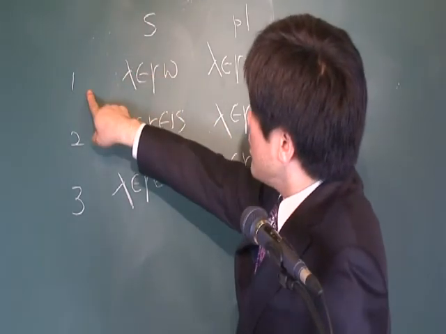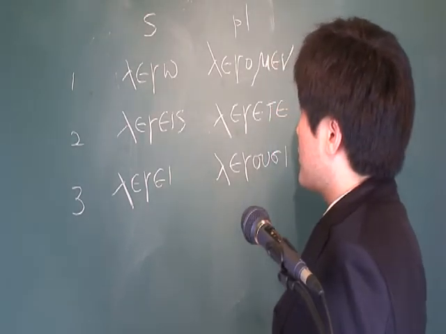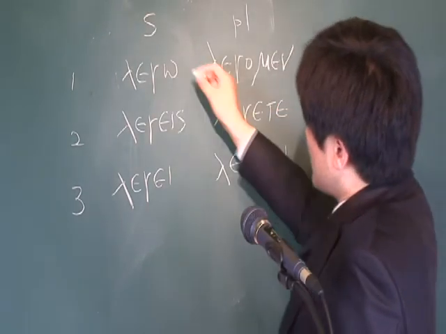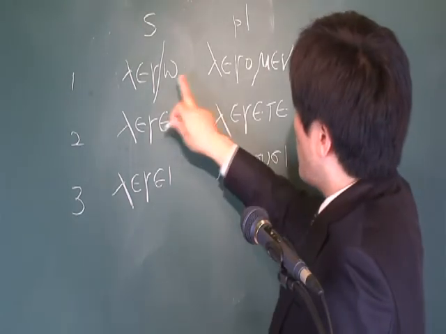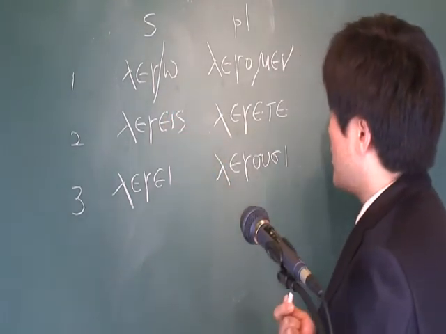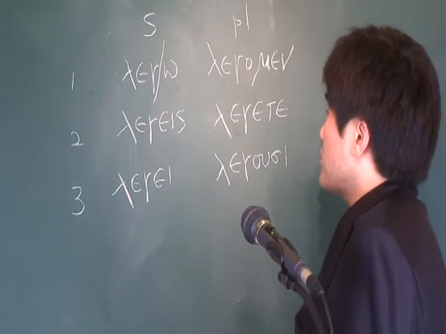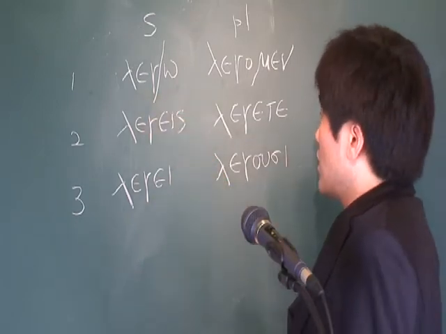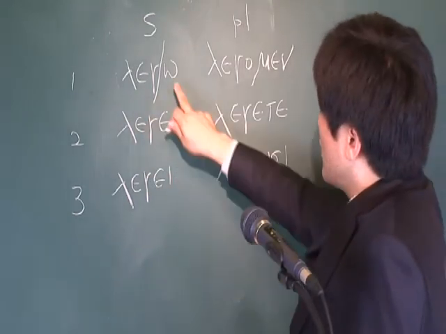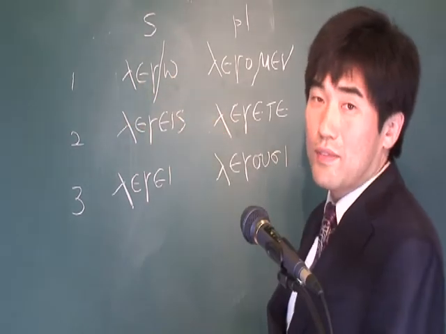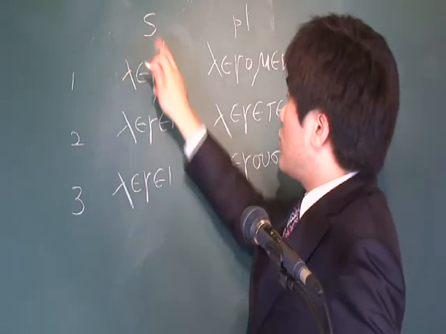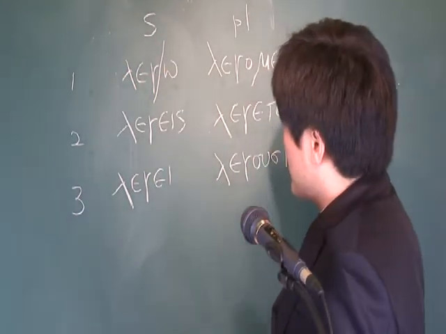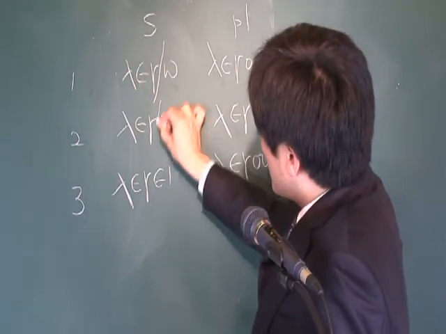O, es, a. Omen, et, usi. If you memorize and remember these personal endings and add them to stems, you can then easily interpret the meaning of words. Be sure to memorize them.